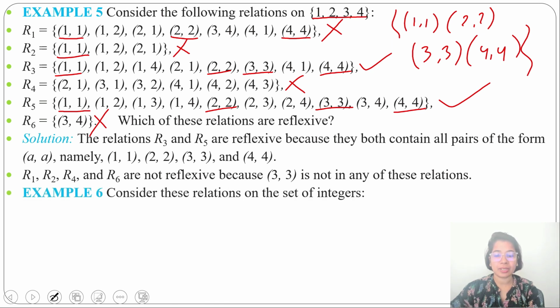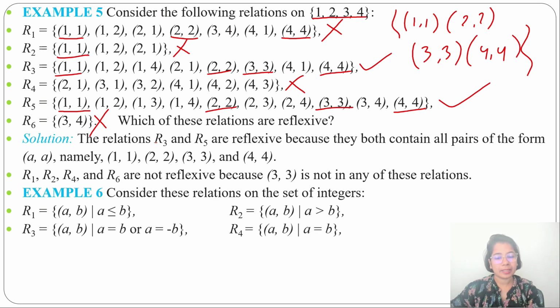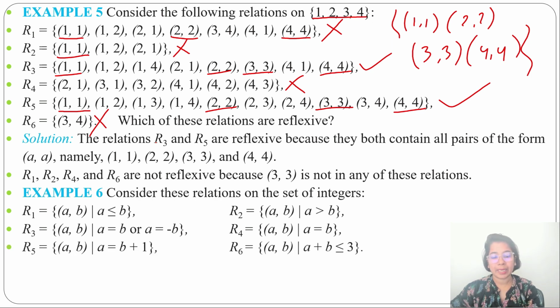Next example 6. Consider these relations on the set of integers: R1 is (a,b) where a less than or equal to b, R2 is (a,b) where a greater than b, R3 is (a,b) where a equals b or a equals minus b, R4 is (a,b) where a equals b, R5 is (a,b) where a equals b plus 1, R6 is (a,b) where a plus b is less than or equal to 3.